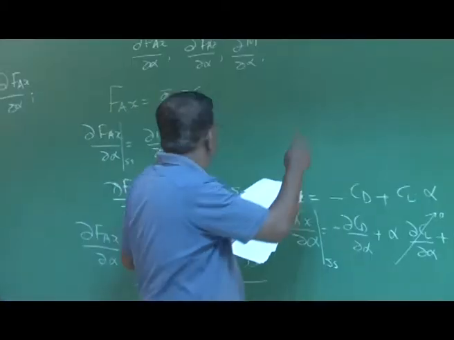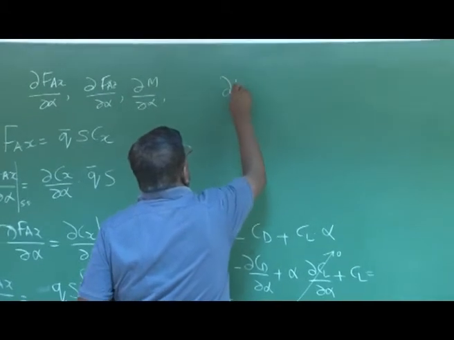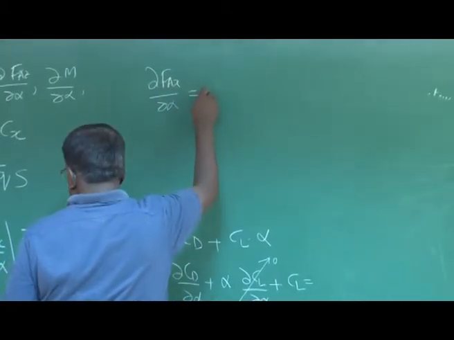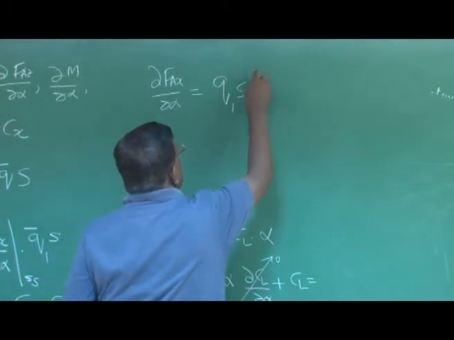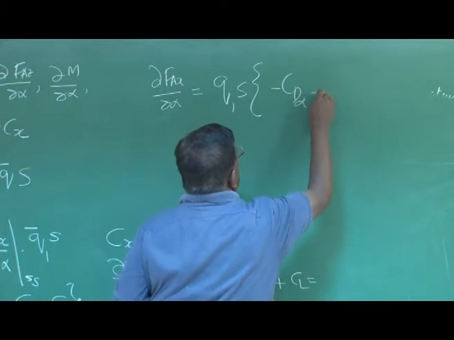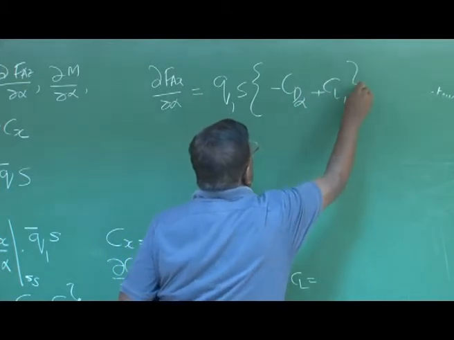This is the expression. So now we see dFax by d alpha as q1 S times minus Cd alpha plus Cl1.